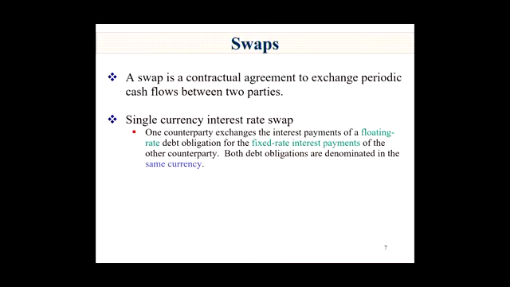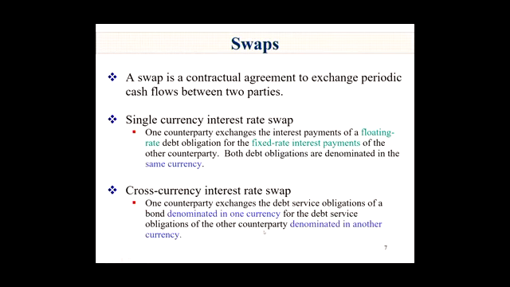Okay? So what happens with a single currency interest rate swap is that the two parties will swap floating rate debt for fixed rate debt. Okay? And the swap is in the same currency. We'll talk about what this means later, but just to give you the big picture.